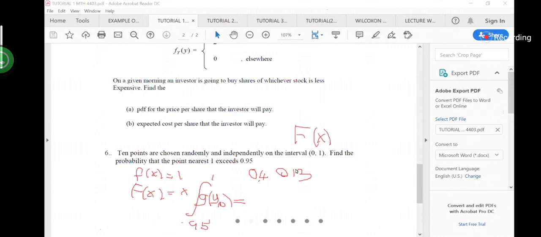So for number 6, you can make use of the beta distribution to answer this question, because this is the interval x between 0 and 1. Look at how to integrate easily using the beta distribution function.